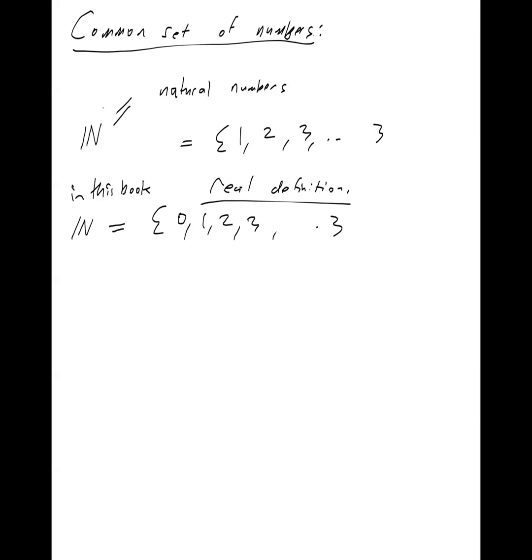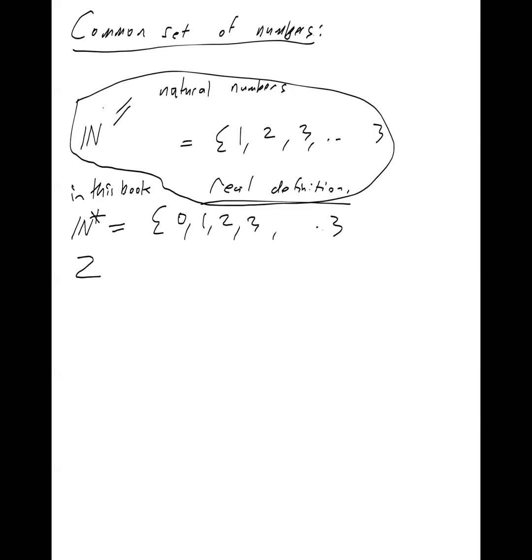If you have a definition that says you can divide by any natural number, that would work fine in other classes, but in this book you couldn't, because it includes 0. The real definition is 1, 2, 3, 4, etc. Since that's not the real definition, I'm going to put a little star by it to remind you. So in this book, the natural numbers are defined as 0, 1, 2, 3, 4, etc., and it goes on forever.